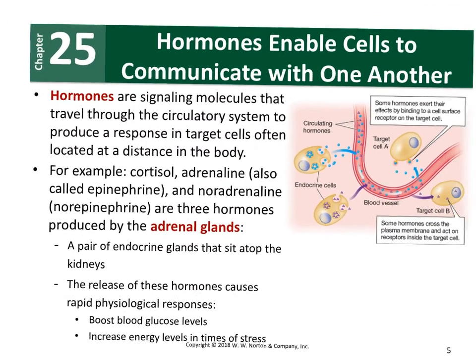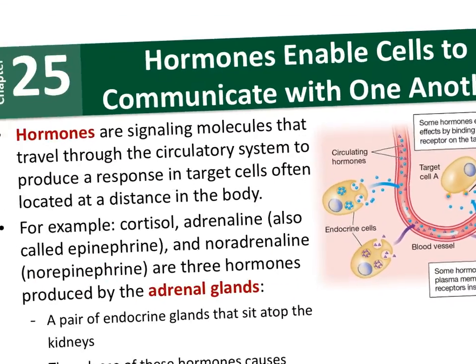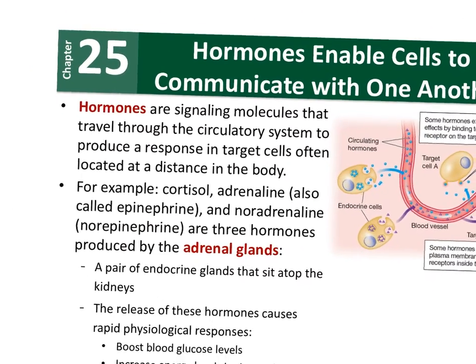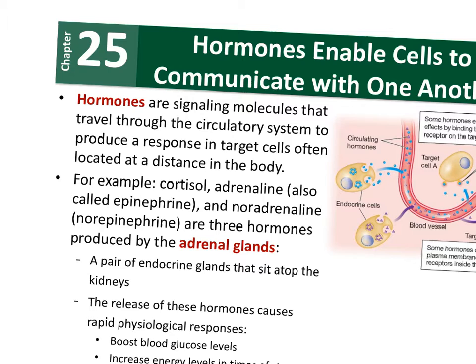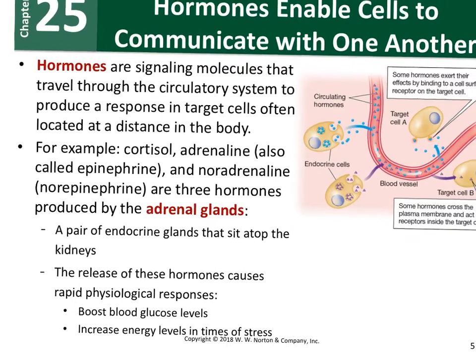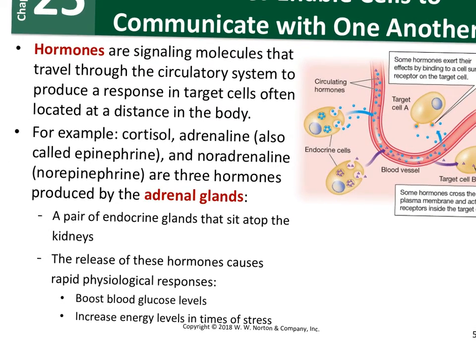Okay, so signaling hormones are signaling molecules that travel through the circulatory system to produce a response in target cells, often located at a distance from the body. For example, cortisol, adrenaline, and norepinephrine, which is also a neurotransmitter in the brain, are three hormones produced by the adrenal glands.